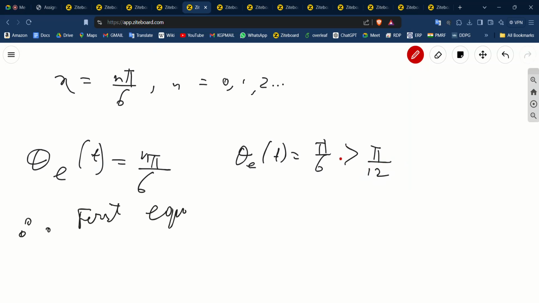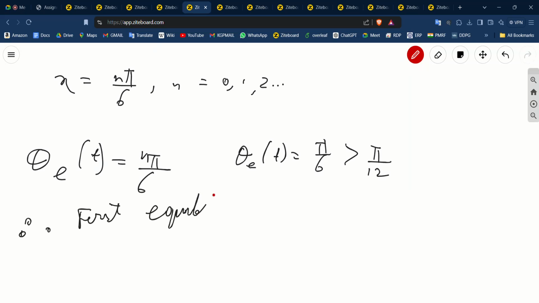So the initial point would have been greater than equilibrium, so pi by 6 would not have been a valid equilibrium point. Instead, we have to go to 3 pi by 6, because pi by 6 and 2 pi by 6, that is pi by 3, are both lesser than or equal to the initial point. So the equilibrium point will be 3 pi by 6 or pi by 2 in that case.